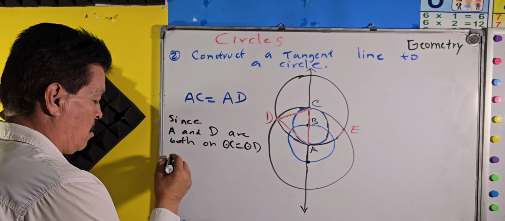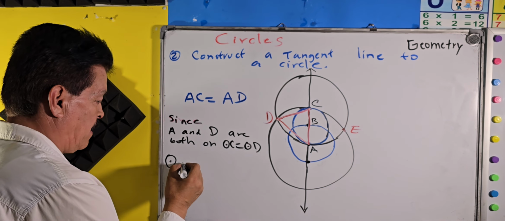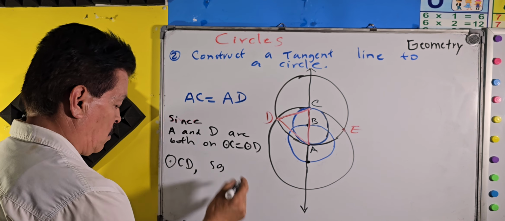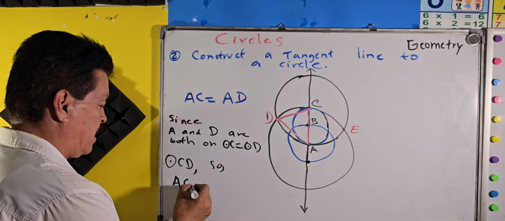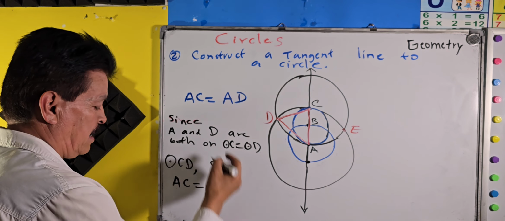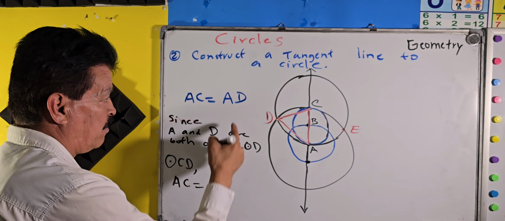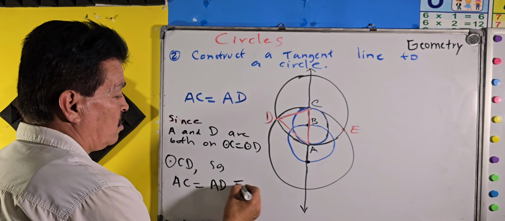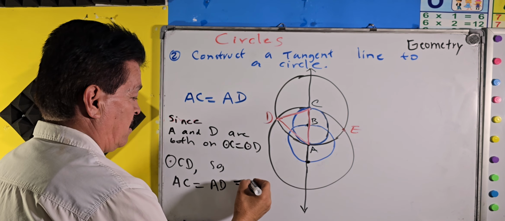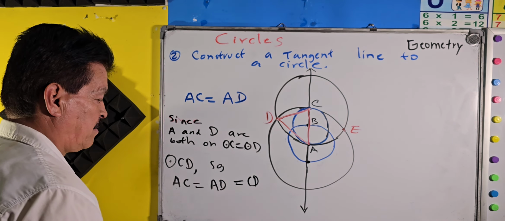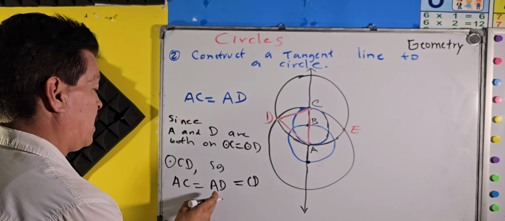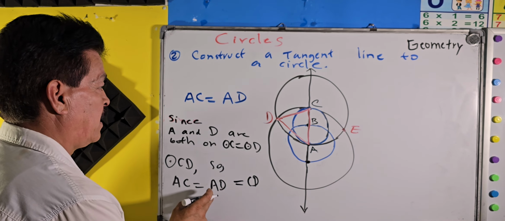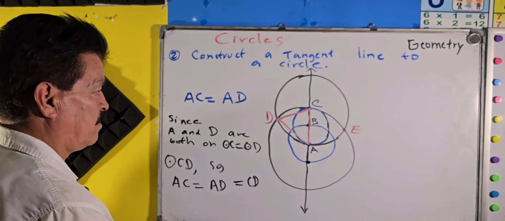So here we will have CD. So AC equals AD. We have it. AC equals AD equals CD. All right.